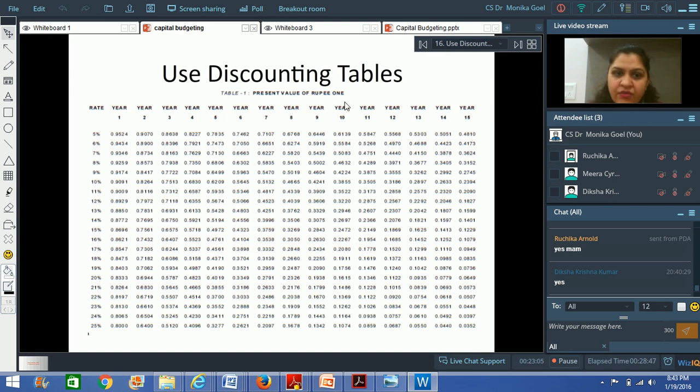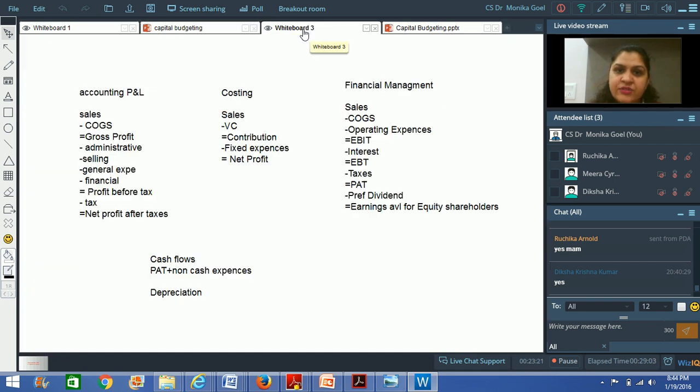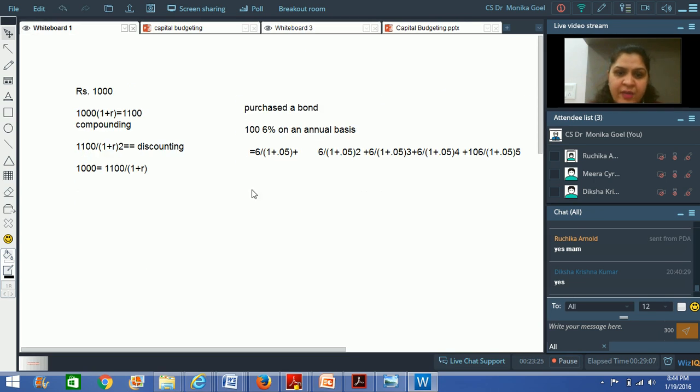So what you should do is, you have to use the discounting table. Now, if I look at this discounting table, it writes table 1, present value of rupee 1. Now, this is applicable for rupee 1. If rupee 1 is discounted at 5% for year 1, so that is equals to 1 divided by 1.05, it is equals to 0.9524.